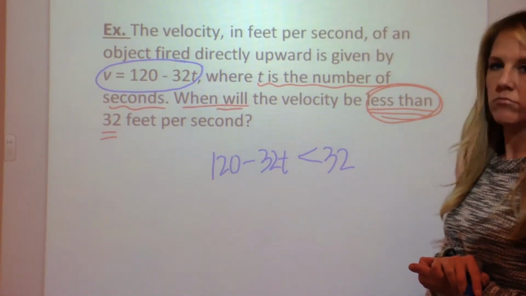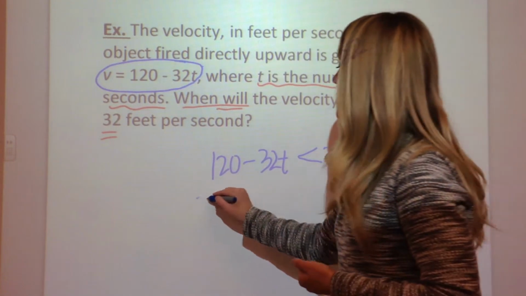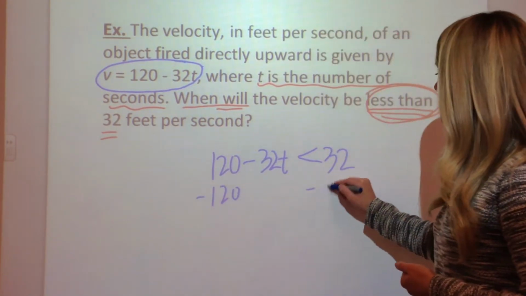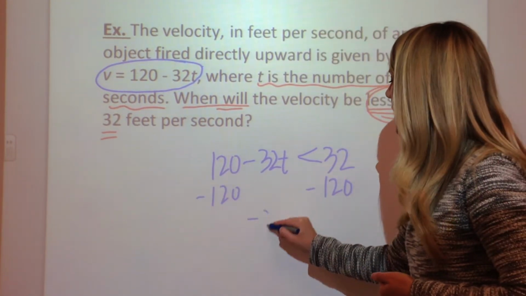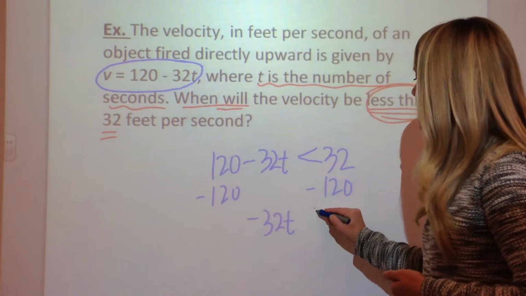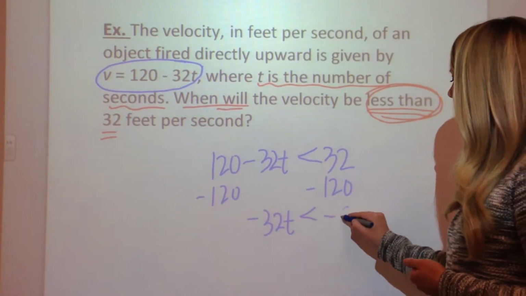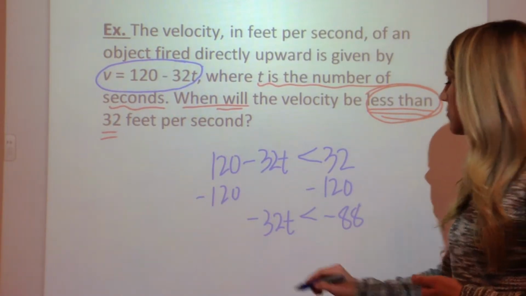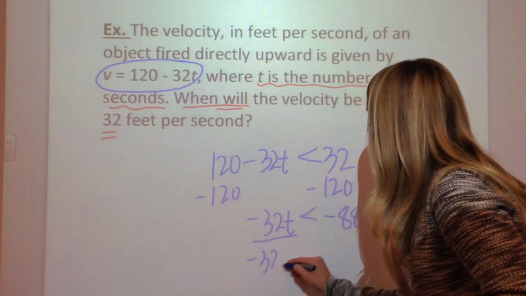So now we have the problem set up. We can solve it. Subtract 120 from both sides. So we get negative 32t is less than negative 88. Divide by negative 32.